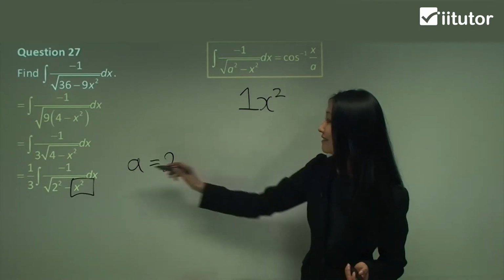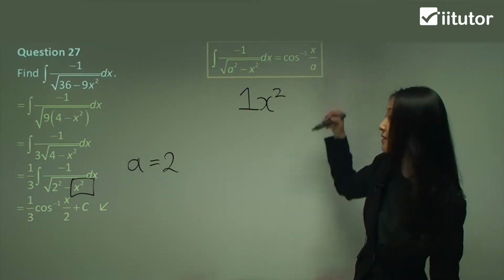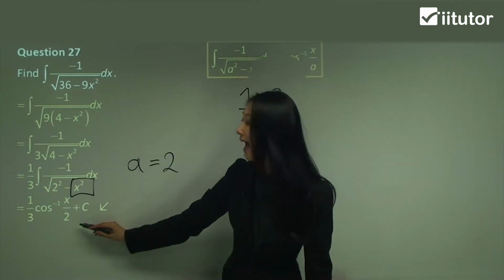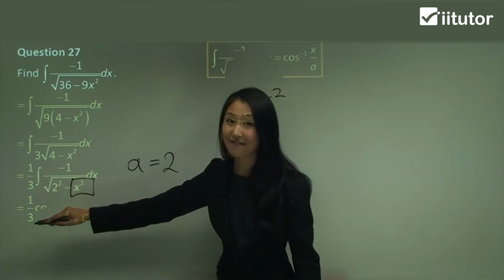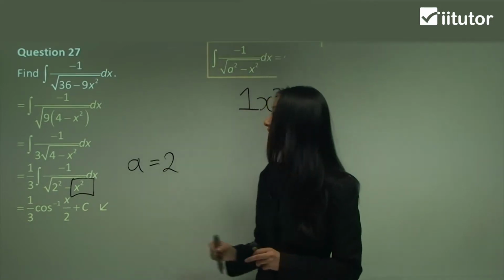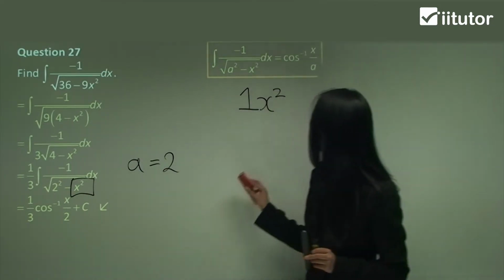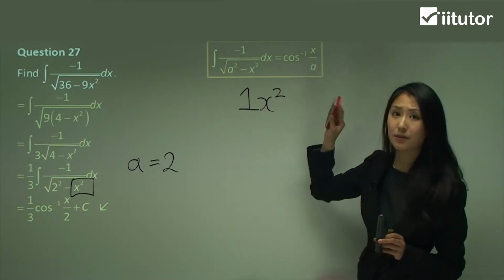So I can just make that part into inverse cosine of x on a, which is x on 2, and multiply it by the 1/3 out the front, and never ever forget your plus c out here, okay? All right, so I really want you to just memorize that this has to be x squared by itself.